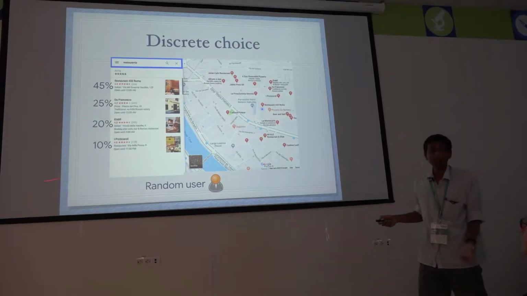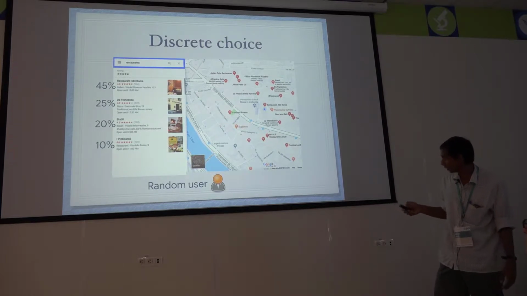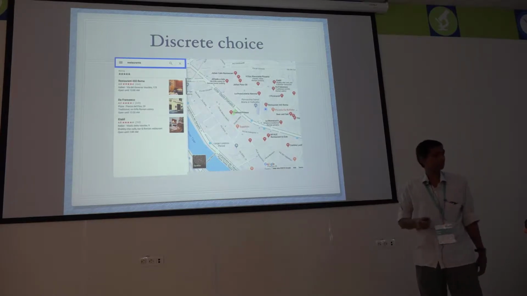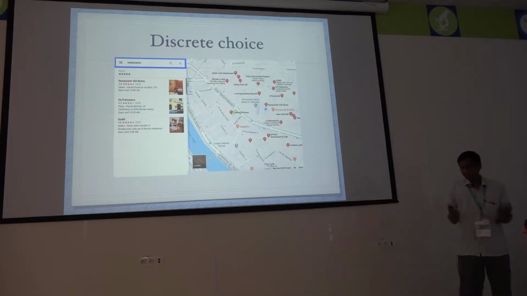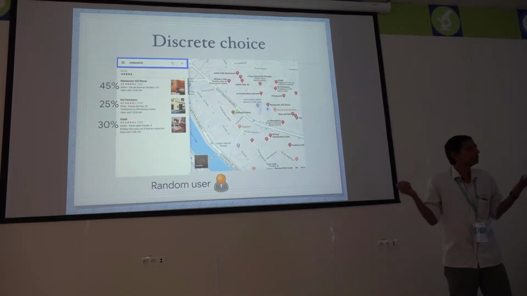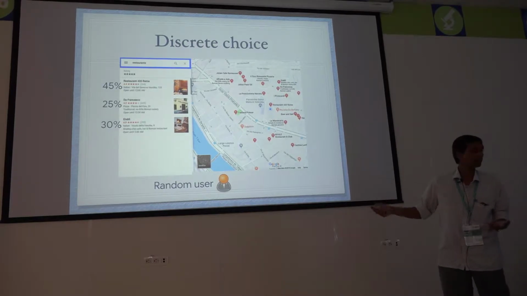But maybe I'm going to the restaurant very late. So in this case, I'm going after say 1 a.m., in which case this restaurant will be closed. And Google knows about it, and so it gives me a subset of the restaurants I saw before, right? And suddenly my probability might change, because I might say, okay, this is too late at night, I don't want to go to the 4th one, I might go to the 3rd one more often.